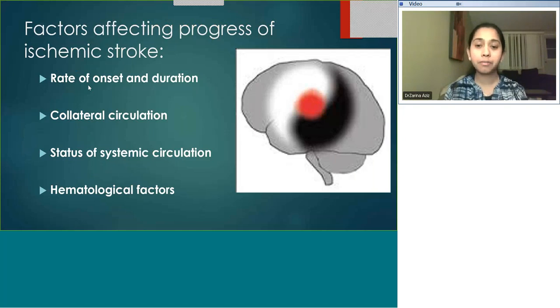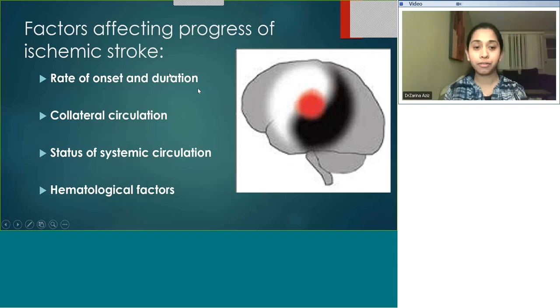So it gives the brain enough time for the cerebral reserve to develop, so that the brain, because of the cerebral autoregulation, still tries to get supply from the dilated collaterals in the periphery, from pial or dural collaterals, and this keeps the brain prepared for an acute stroke. So in case of chronic occlusion, it is less disastrous as compared to acute occlusion. So the rate of occlusion is a very important factor.